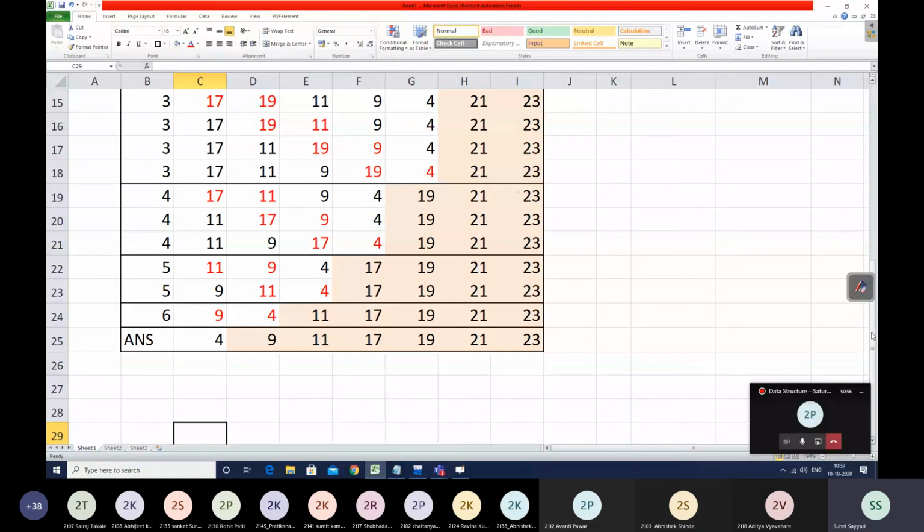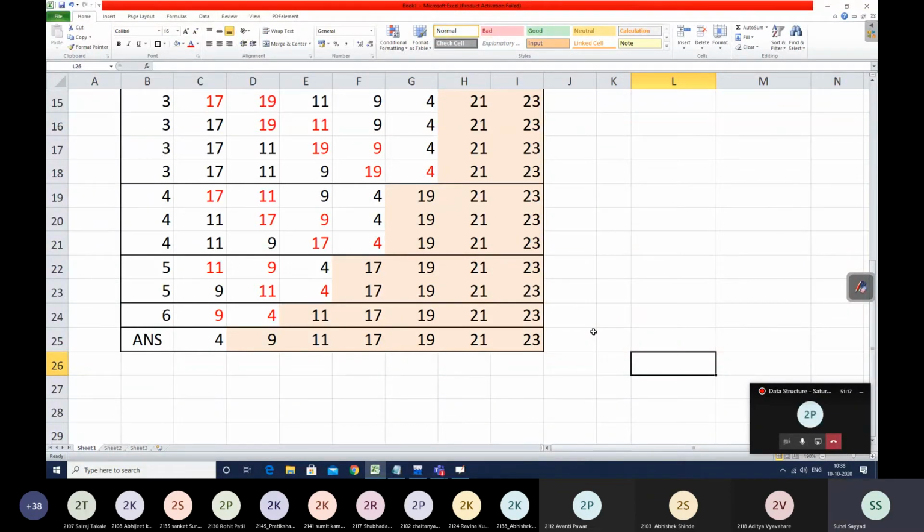You solved this in your notebook? Yes, sir. Okay. Do we have roll number 11? Yes, sir. Did you understand the philosophy, the numerical of bubble sort? Yes, sir.